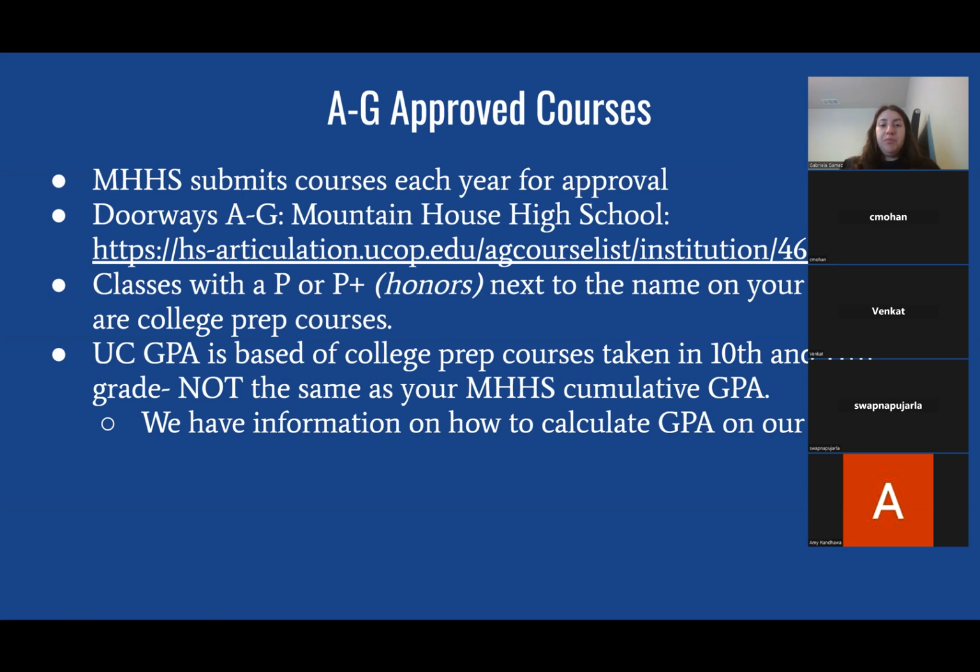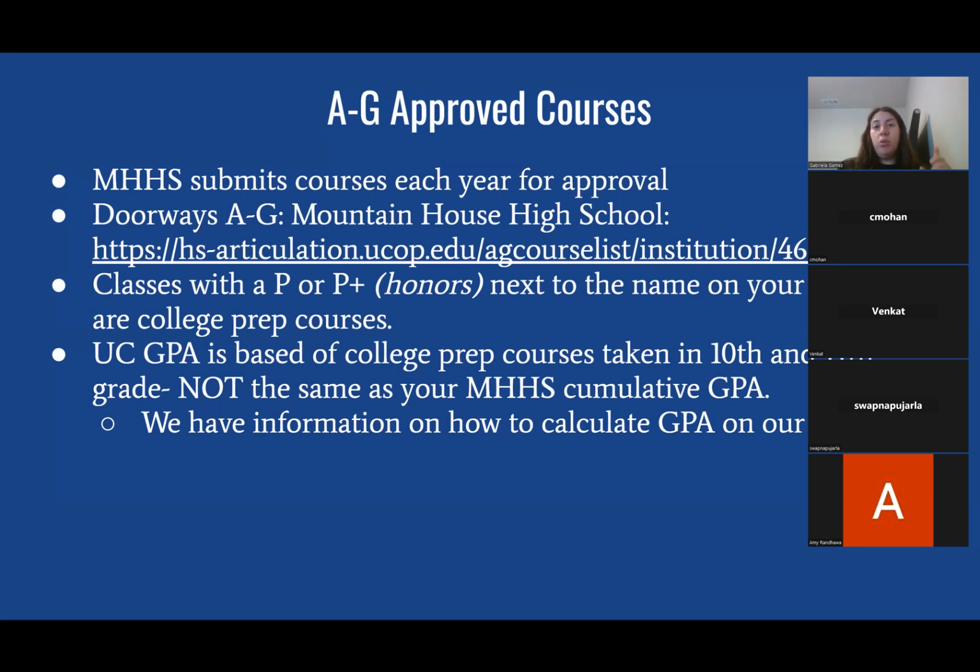UC GPA is based off college prep courses taken in 10th and 11th grade. It's not the same as what our cumulative GPA would be. So our weighted or unweighted is going to be different than what the UCs and CSUs calculate. I believe Ms. Islami or another counselor had done or is doing a presentation on GPA calculation.